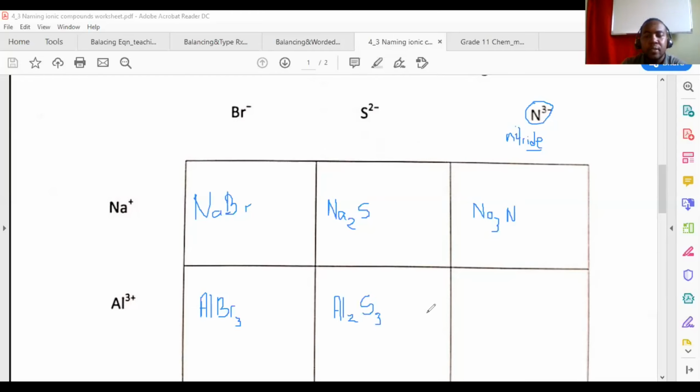And the final one would be aluminum nitride, which is AlN. That shows that everyone knows how to get our formulas from our ions. Please remember that once it's an element form of the ion, it always ends in "ide."